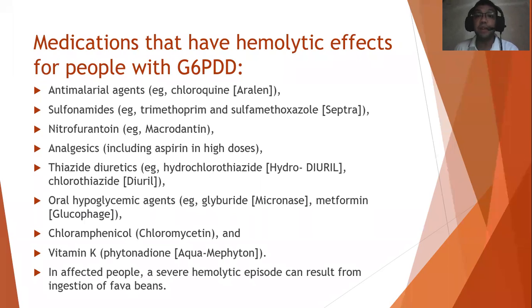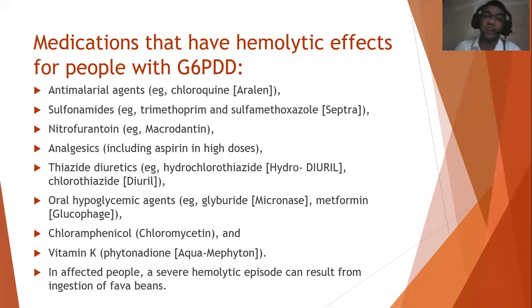Medications that have hemolytic effects for people with G6PD deficiency. So these are the different types of medication that can trigger this disease. What are they? We have anti-malarial agents such as chloroquine, sulfonamides, which is a type of antibiotic, nitrofurantoin.